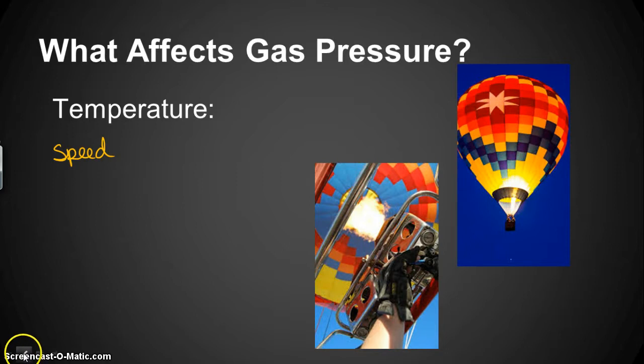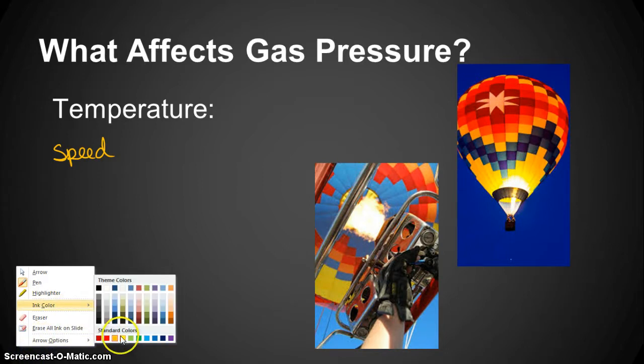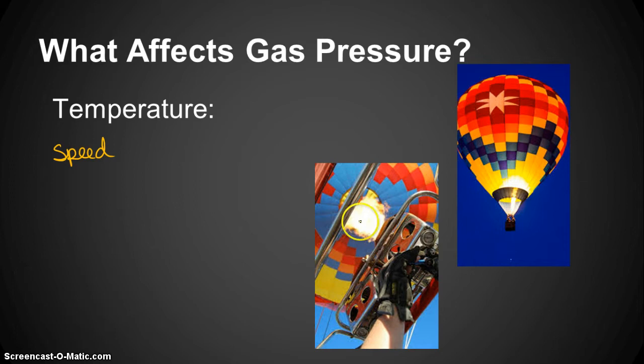Let me grab something a little bit brighter for you to see. Let's try this. The gas particles, as they're getting heated up, are moving faster and faster, and it turns out that they're also very far apart from each other. But as they're getting heated up and they're hitting the walls of their container, they hit faster.